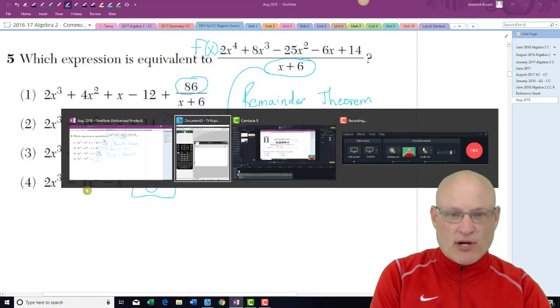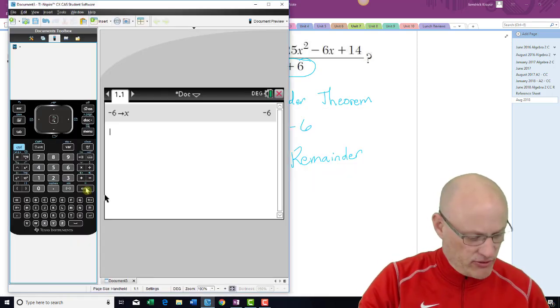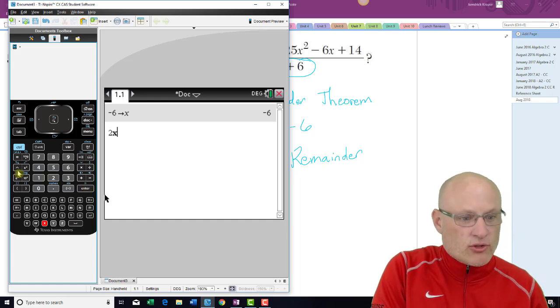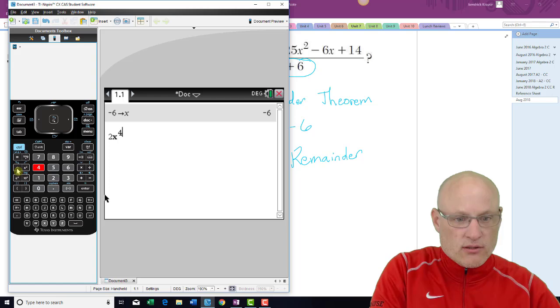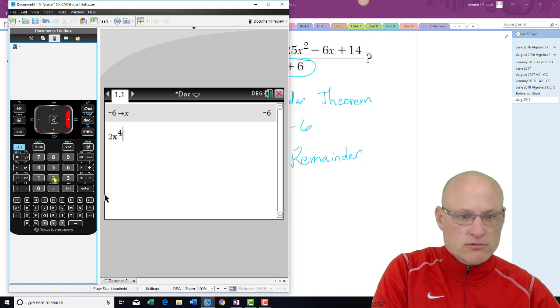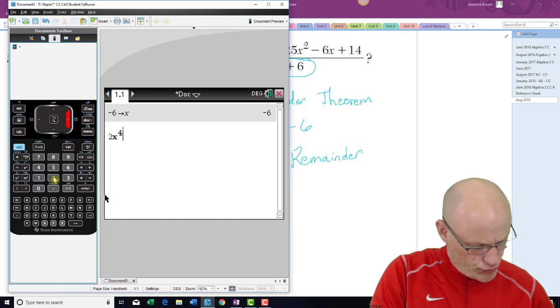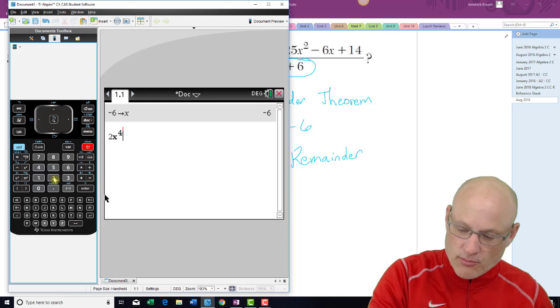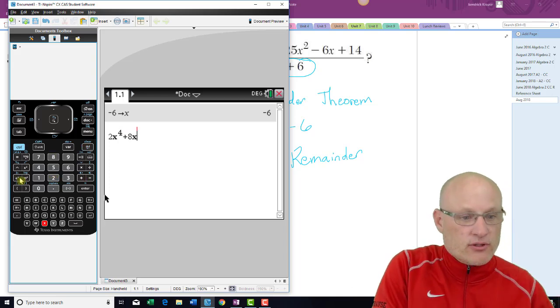And then I'm going to type the problem. I'm going to look down at my sheet so I can do this. 2x raised to the 4th plus 8x cubed plus 8x.